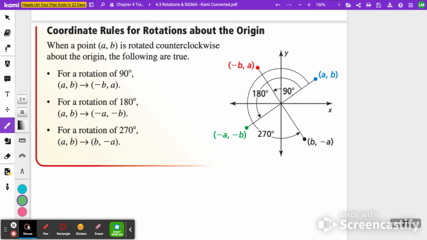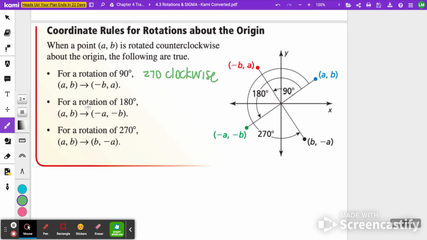We want to make sure we understand that these are showing counterclockwise rotations. So if we rotate counterclockwise 90 degrees, my points would just switch their places and the y would become a negative. A counterclockwise 90 rotation is also a 270 clockwise rotation.